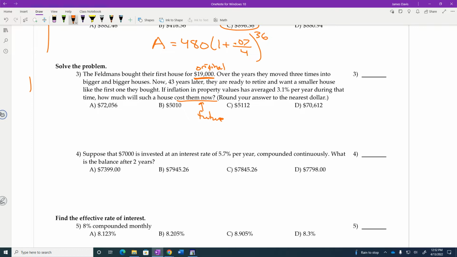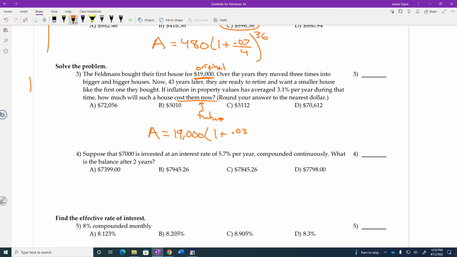So this was our original amount. We're still talking about a future value because this is how much it was, and then 43 years later gives us our future amount. So it's going to be A equals our present value, which was in the past, $19,000, times 1 plus our inflation rate, 0.031.